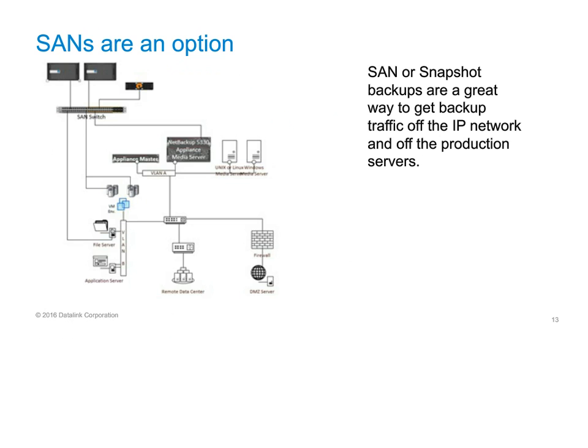Another option to get backup traffic off of the production network is SANs. If you can do SAN-based backups, whether it's VMware or Hyper-V backups or NDMP or snapshot-based backups, that one offloads from the production network, but also helps to offload from the application servers that are using them and allows the backup hosts or the media servers to do more work.